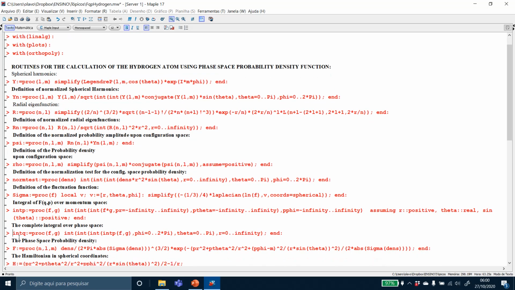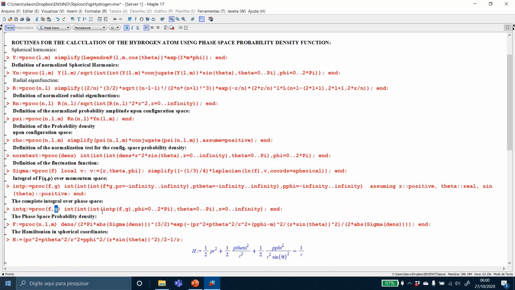And here we have the integral of function f, which is our probability density function, with any function of the position and momentum, which is represented by g. These are all subroutines. Now we can present the function f itself by a routine using the preceding results.